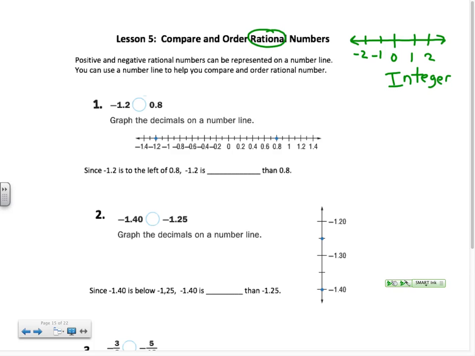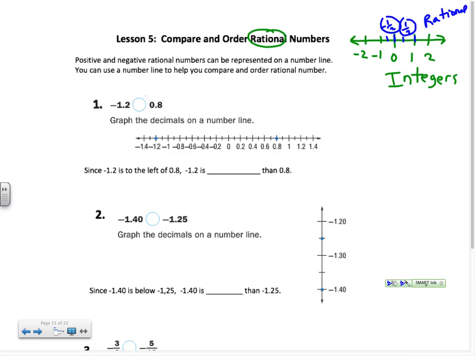Well, if I were to look at the numbers between 0 and 1, there are numbers here. What's between 0 and 1? 1/2. And we know numbers have opposites. What's the opposite of 1/2? We have negative 1/2. So these numbers here would be the rational numbers, the fractions and decimals. So those are the types of numbers we're talking about in this lesson.